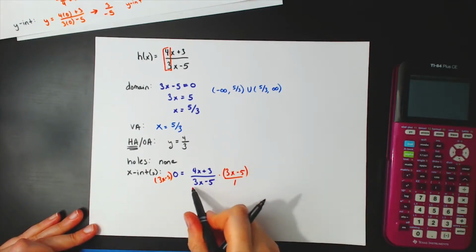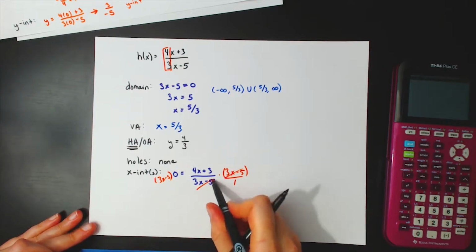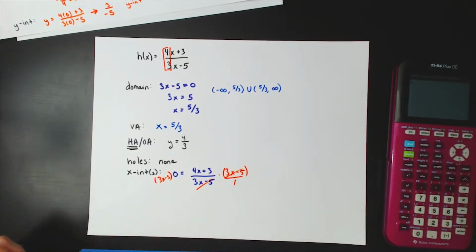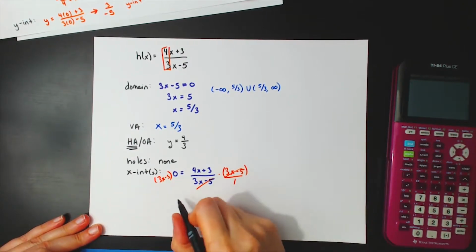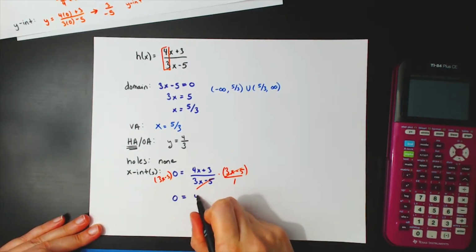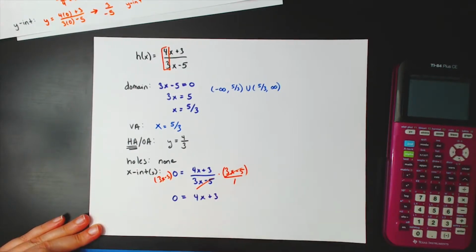So notice on the right, 3x minus 5, and the numerator and the denominator, both of those terms cancel. On the left-hand side, 0 times this quantity 3x minus 5 still just gives me 0. So I'm left with 0 equals 4x plus 3, which is much, much nicer to solve.